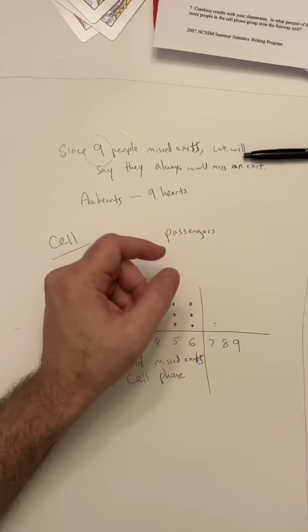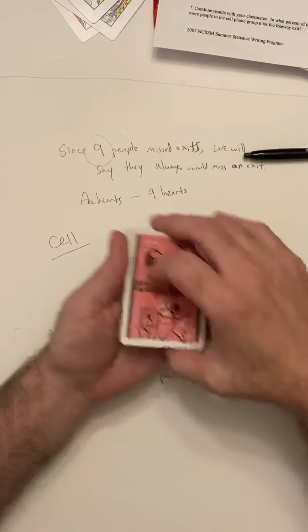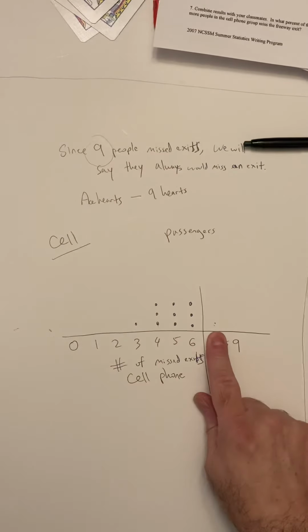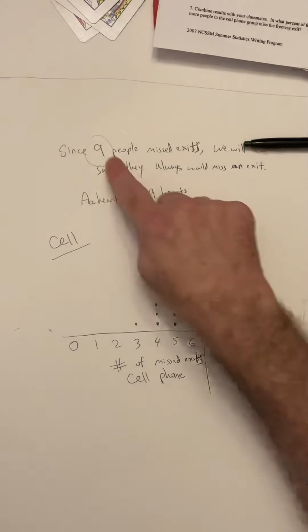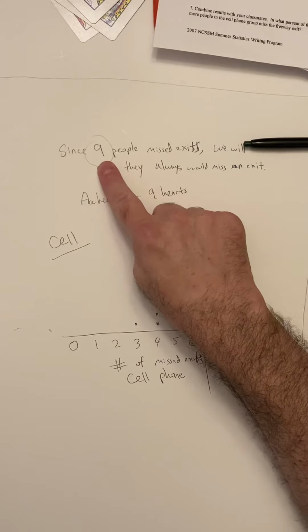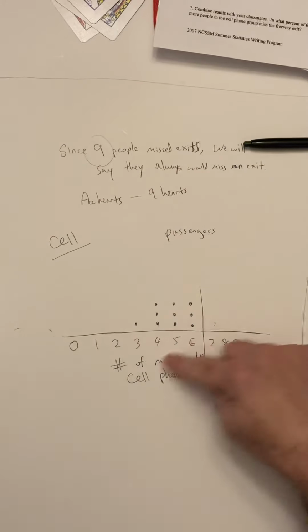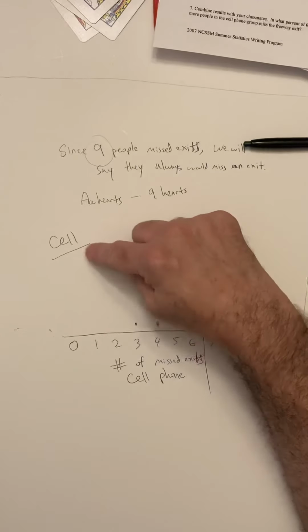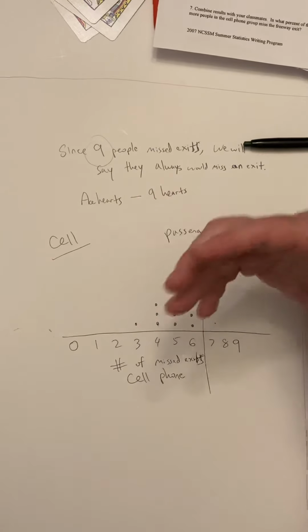If that's our assumption, just to start off with, by using our 48 cards and trying this over and over again, we want to see how many times we hit 7. Well, we didn't hit 7 even once. So our assumption seems to have been false. The assumption that these 9 people always miss exits, at least based on this preliminary data, seems false, and the cell phone actually seemed to have a greater effect on being a distractor for drivers.